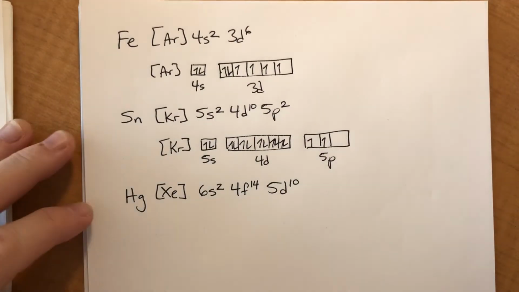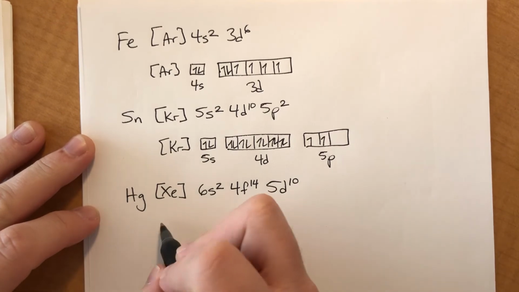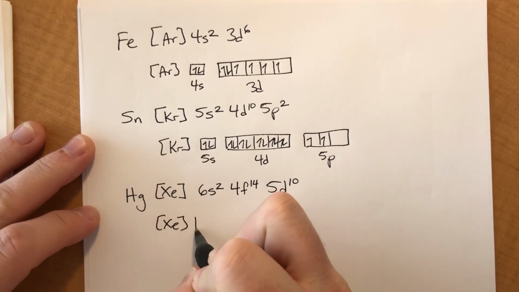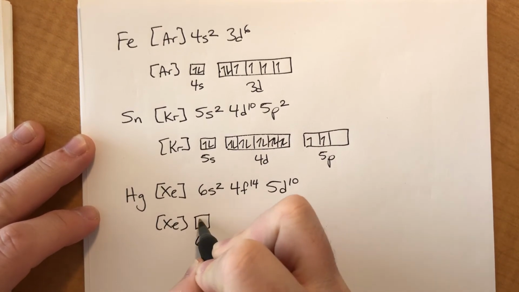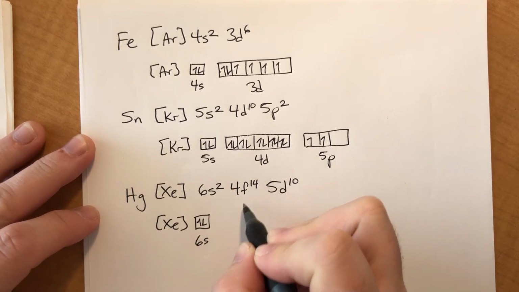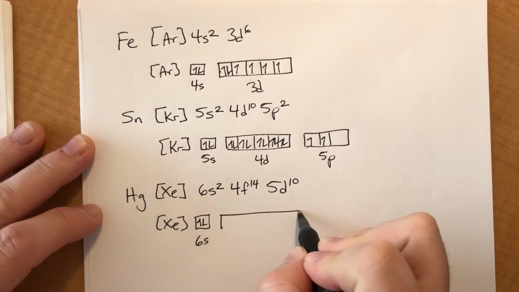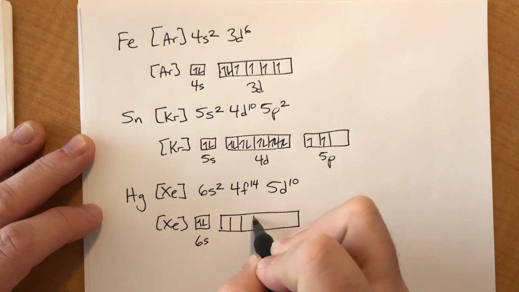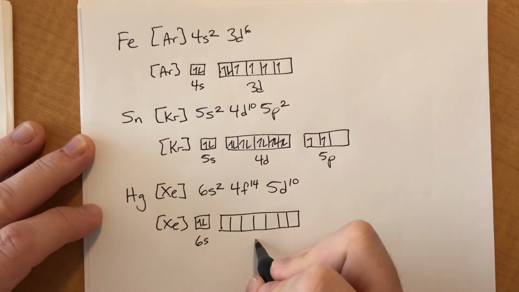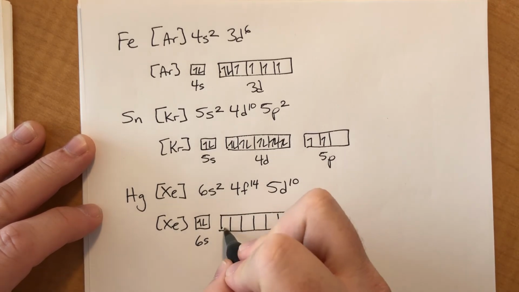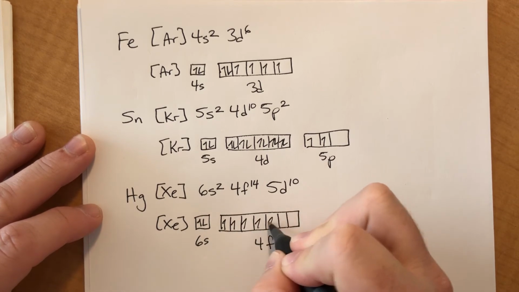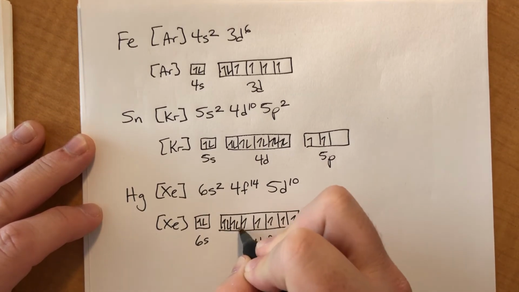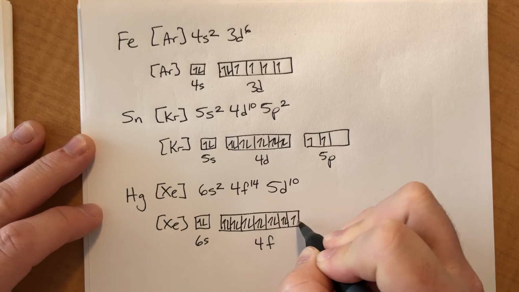As far as drawing the boxes and the arrows, doing the orbital diagram, it's still xenon 6s2. For 4f14, F would have 7 boxes, 1, 2, 3, 4, 5, 6, 7, and 14 arrows.